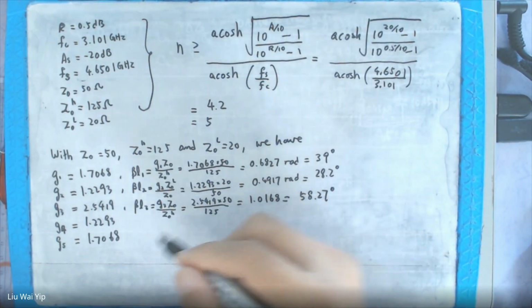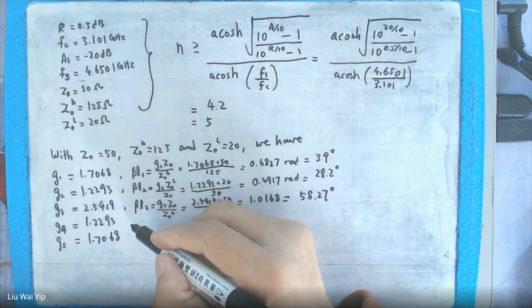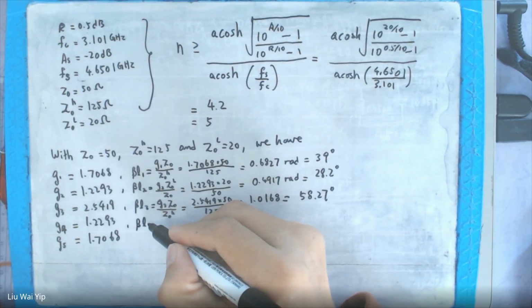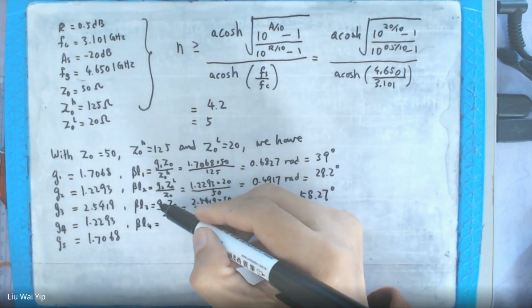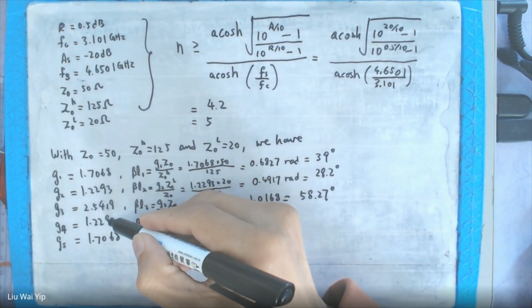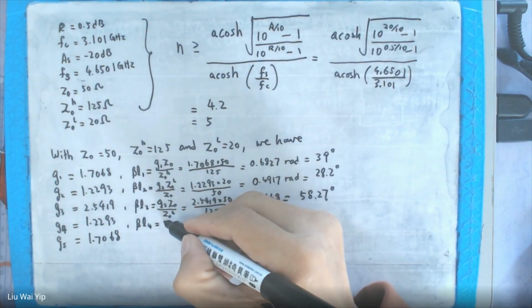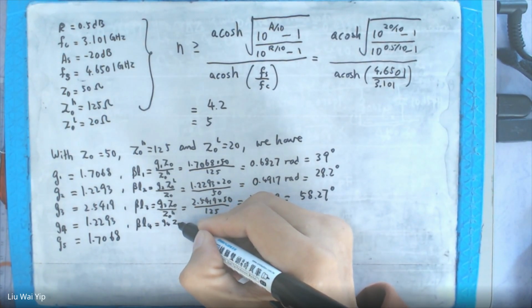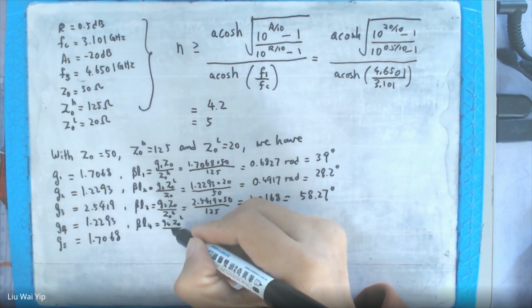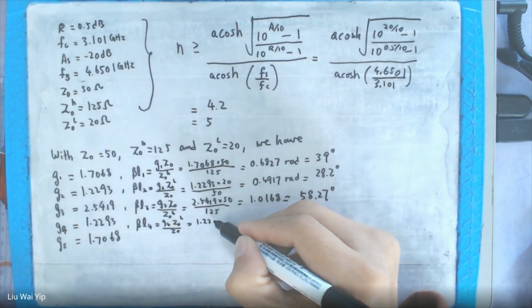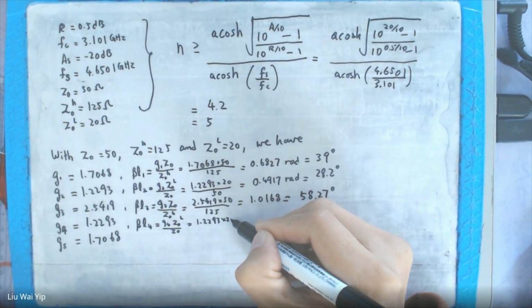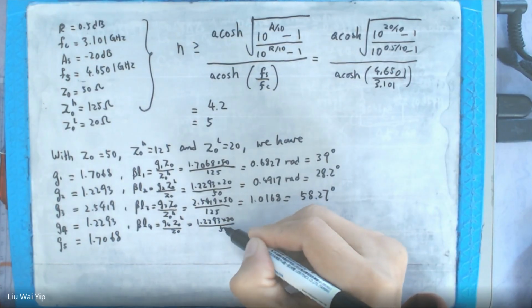So g4, you don't need to really calculate it. You just need to copy, because g4 and g2 are the same. So you don't need to do too much calculation.